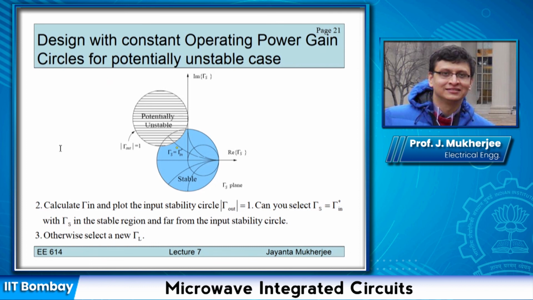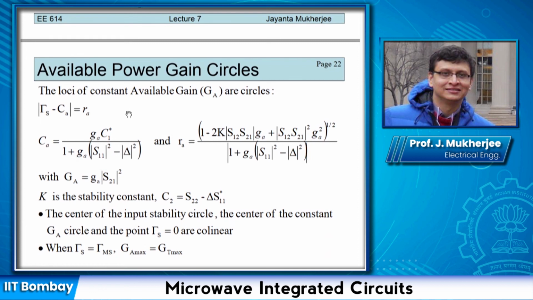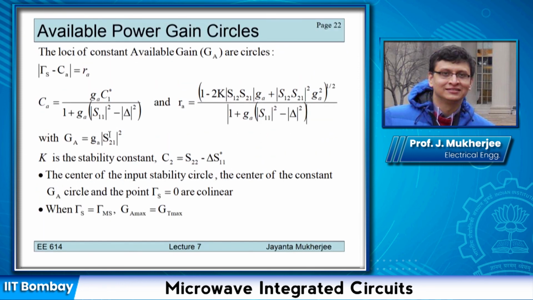Now, the design using constant available gain circles is similar to the procedure for design using constant GP circles, except that in the case of constant available power gain circles, these are the equations for the constant GA circles. As I said, in microwave engineering, especially for two-port networks, you'll find dual expressions.